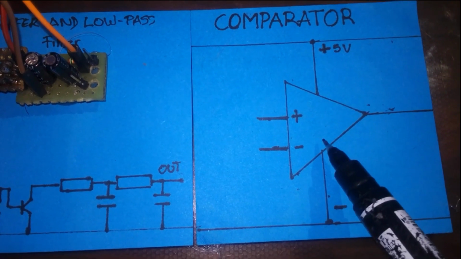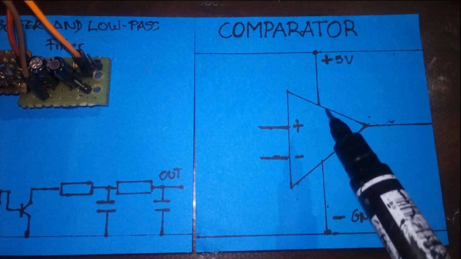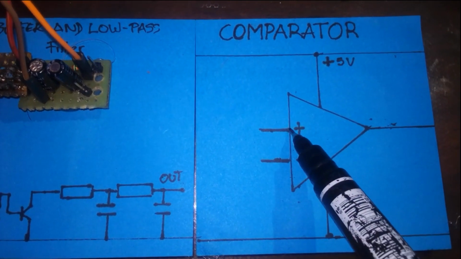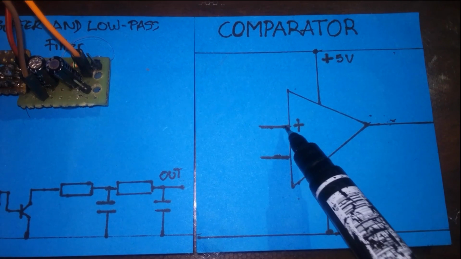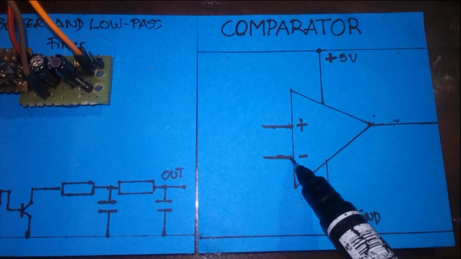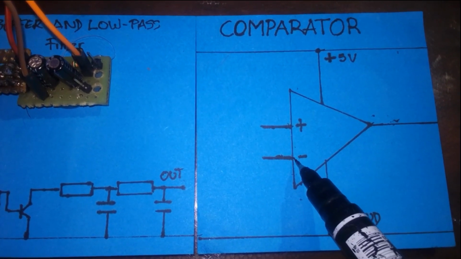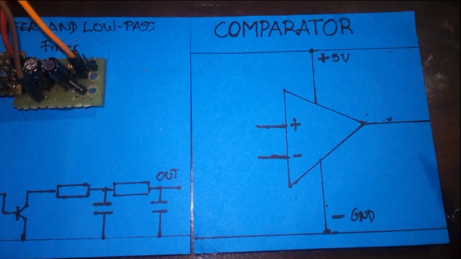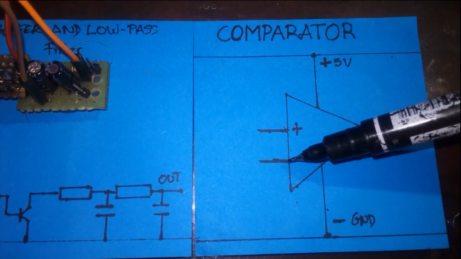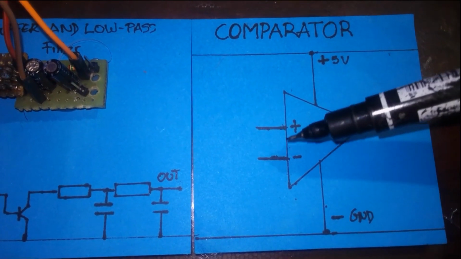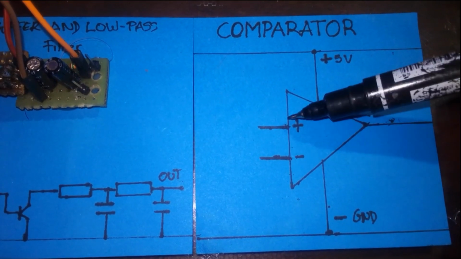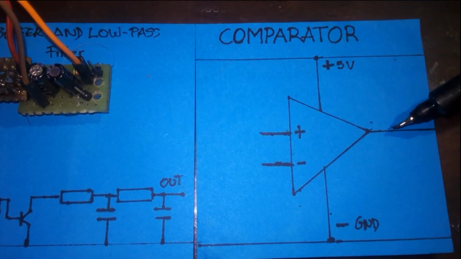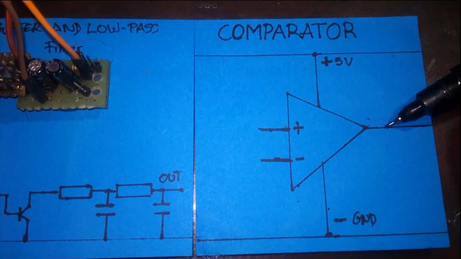What this component does is that it compares two voltages at this input. For example, if the positive input terminal is higher than the voltage at the negative input terminal, the output of the comparator goes high. And if, on the other hand, the negative input terminal is higher than the voltage at the positive input terminal, the output of the comparator goes low.